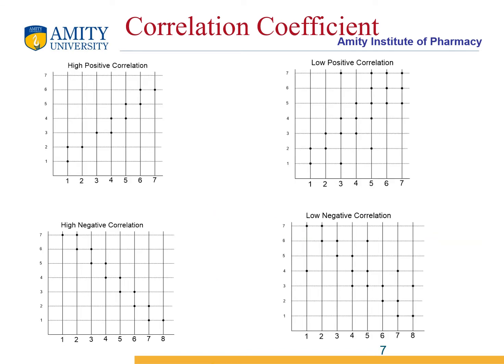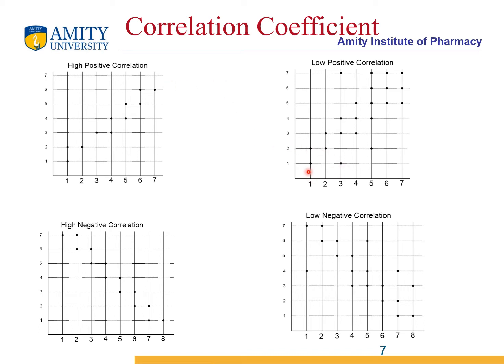In this slide, they have again mentioned some graphs depicting high positive correlation, low positive correlation, high negative correlation, and low negative correlation. If the graph depicts somewhat a straight line in the positive direction, from downwards to upwards, it is showing high positive correlation.